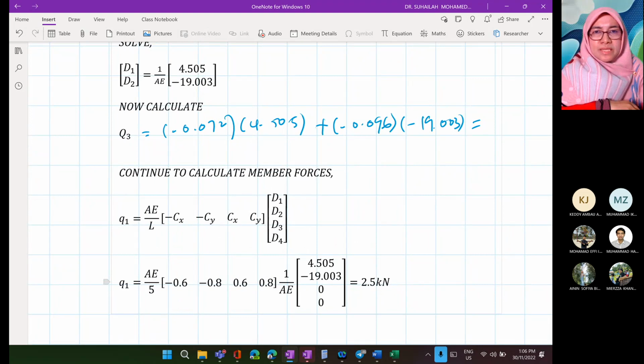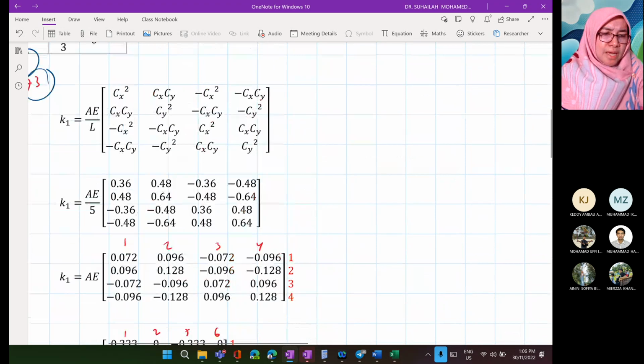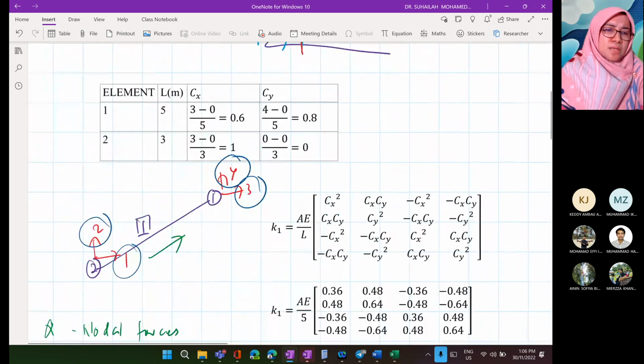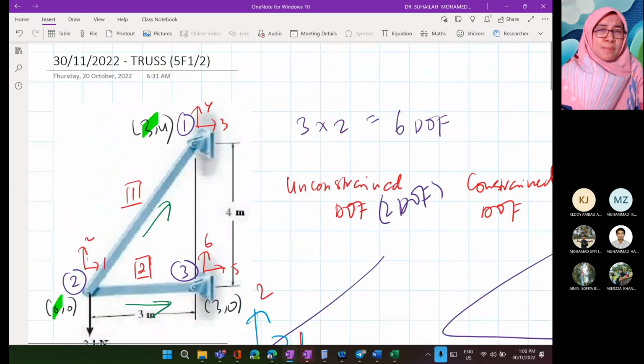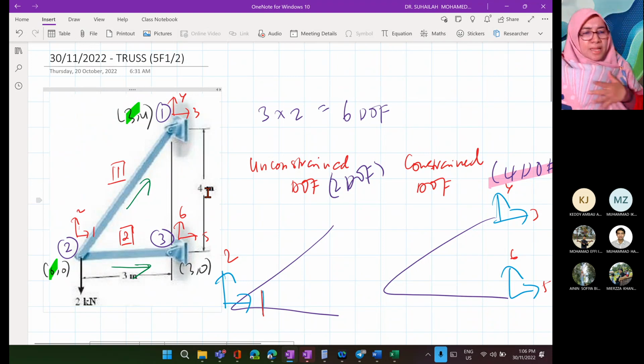I have discussed the same question more than 2-3 times, and I also discussed quite a lot of past exam papers about truss analysis using the stiffness matrix method. I think that's all for this session, and you have to submit one truss question as usual, once a week.